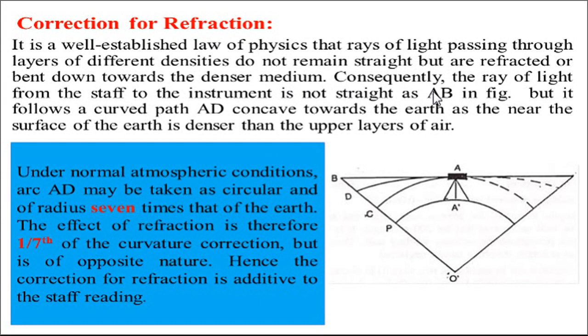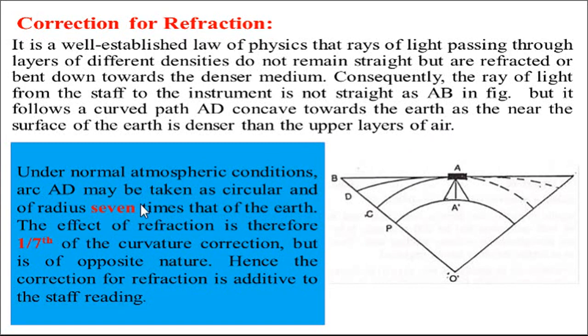Consequently, the ray of light from the staff to the instrument is not straight as AB in the figure, but it follows a curved path AD like this, concave towards the earth, as the air near the surface of the earth is denser than the upper layers of the air.